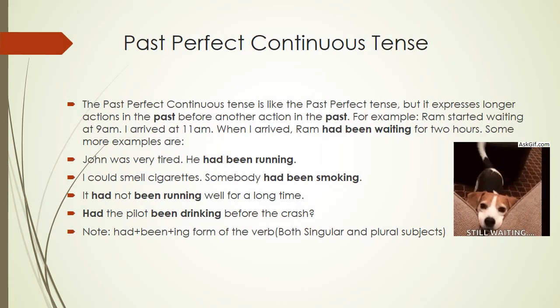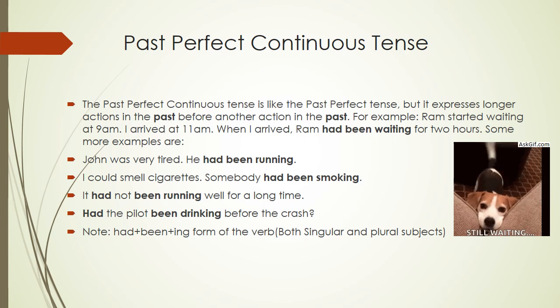Now, past perfect continuous tense. Children, it is just like the past perfect tense. That means it is similar to your past perfect tense, but it expresses longer actions in the past before another action in the past. Let's take up the example.